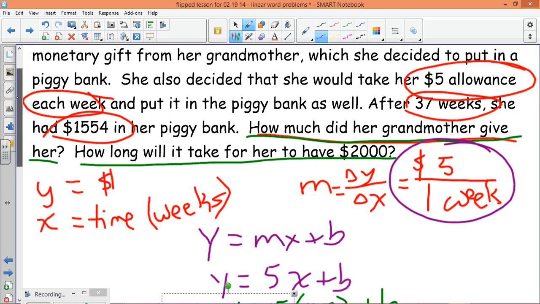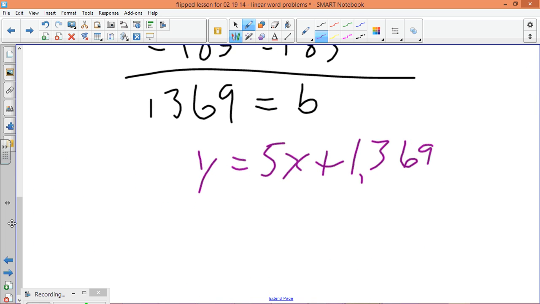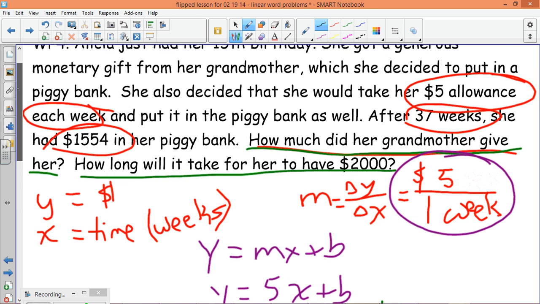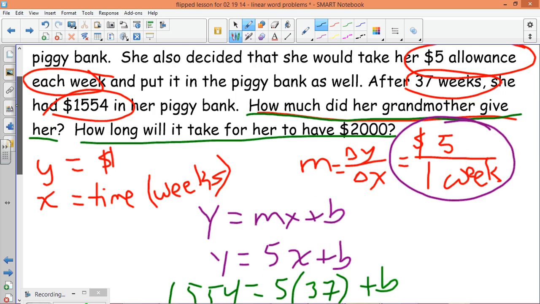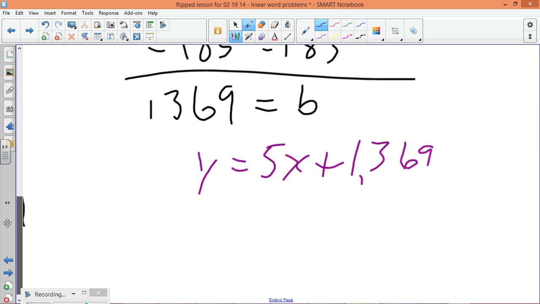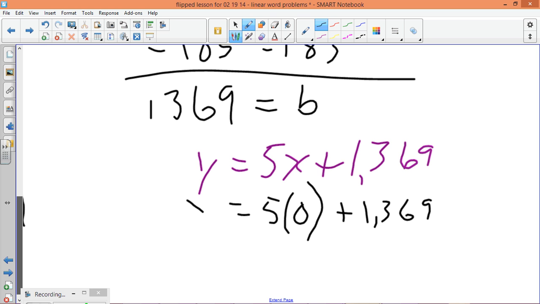How much did her grandmother give her? Well, remember, her grandmother gave her what we have when the number of weeks she's put stuff in the piggy bank is 0. She hasn't put anything in when her grandmother gave her this money. So 5 times 0 plus 1,369 is equal to how much money she has.